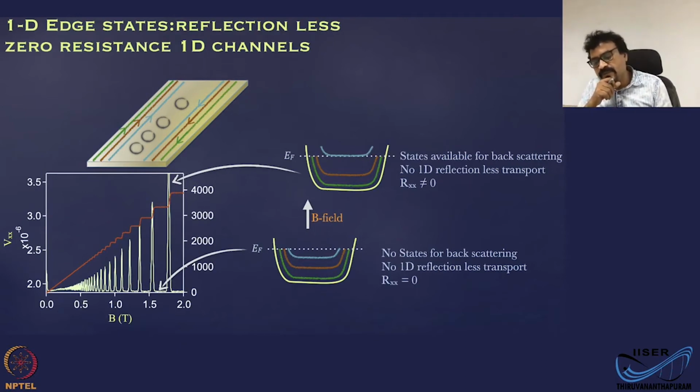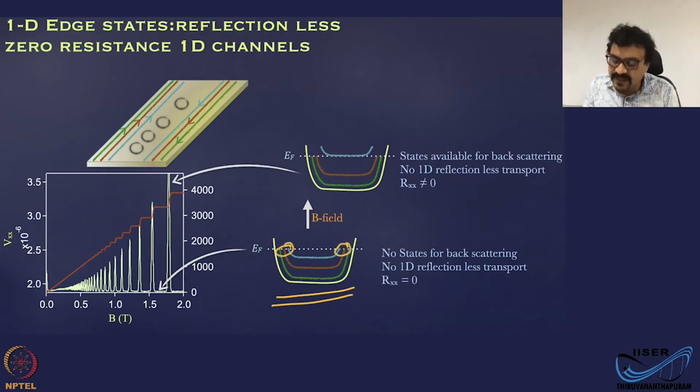Now, let us come back to the one-dimensional transport that we discussed for a while. I told you that the one-dimensional edge states are reflectionless, zero resistance, 1D channels. So let's consider two different situations here. You have states present at the Fermi level, at the edges.